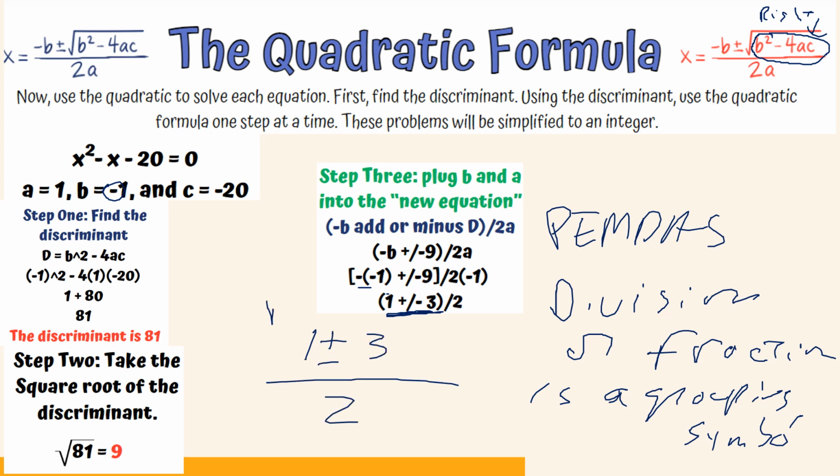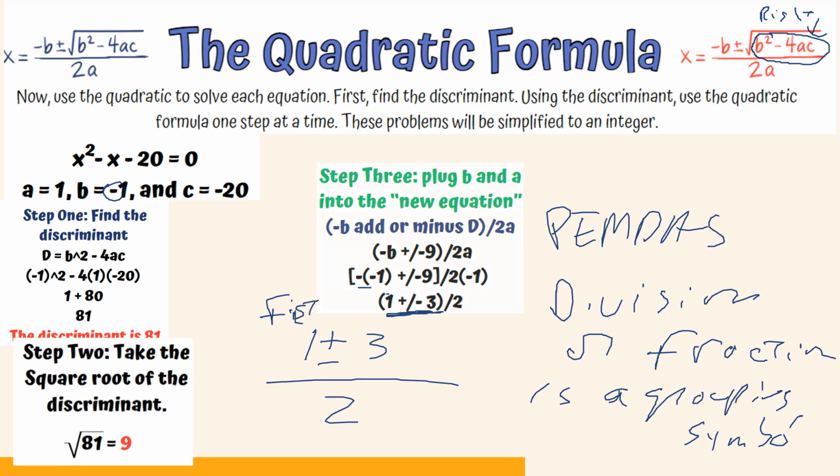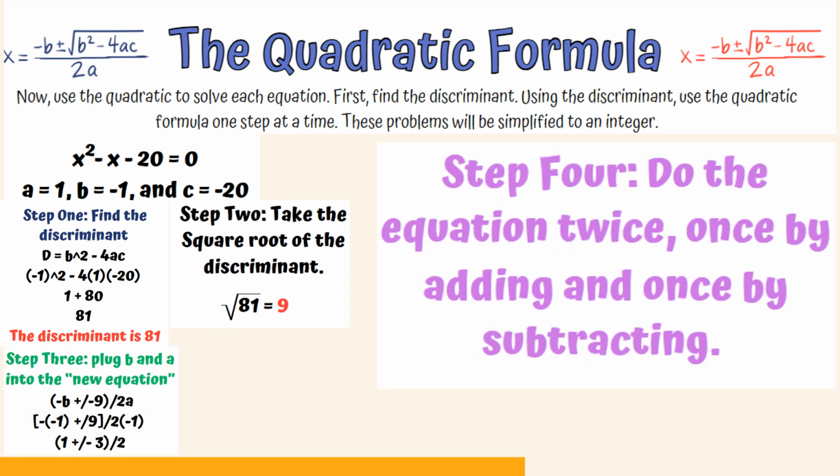We do this first, then we divide. This is why we say in step 4, we do the equation twice, once by adding and once by subtracting. And we do this because when you take the square root of a number, we need the positive and negative version of it.